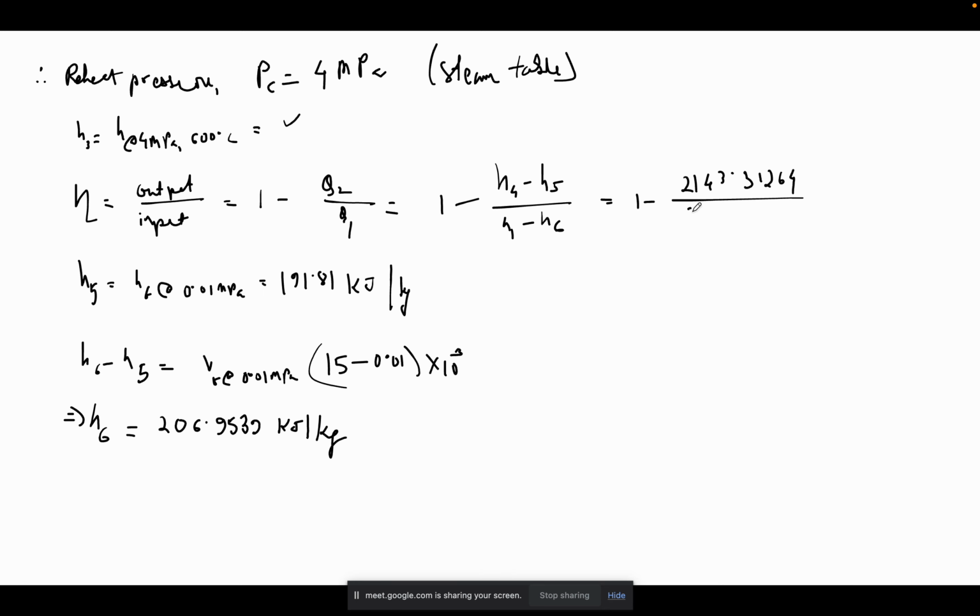Okay, this is 3376.1461. Okay, 1 minus 0.31264 by 3376.1461. So this is your 0.3651, so that is 36.51%. Okay, so I got the efficiency also. Fine.